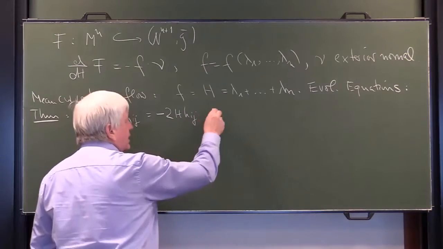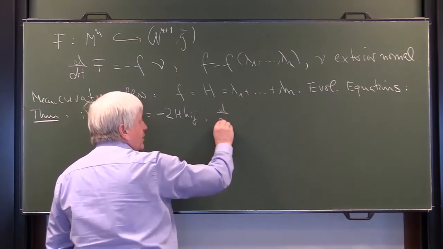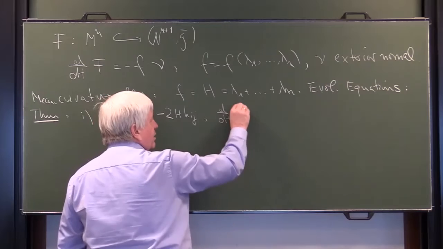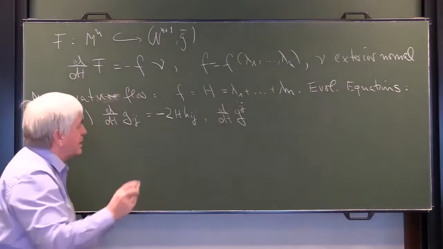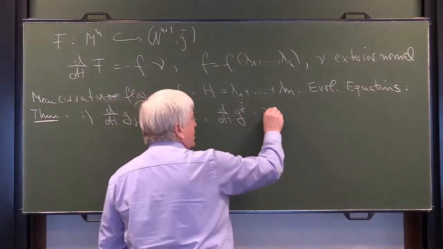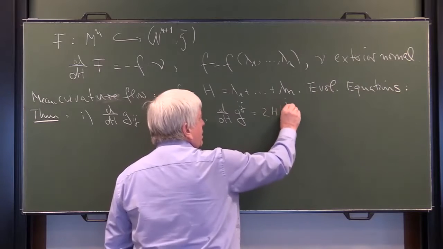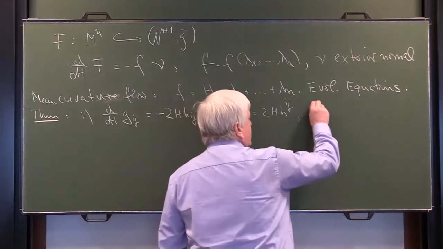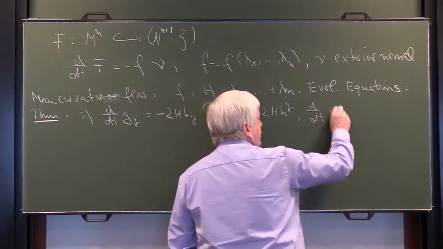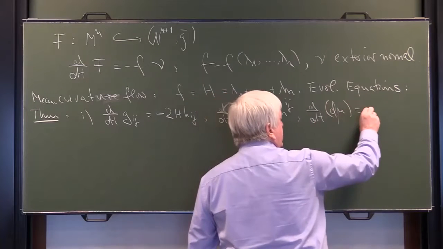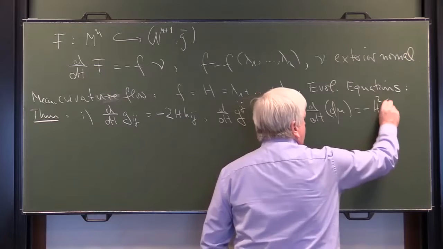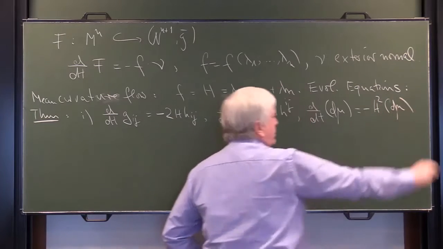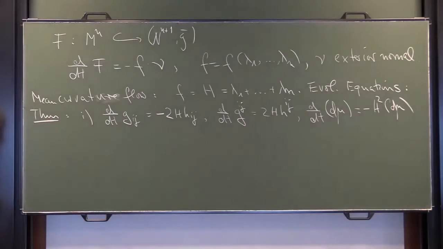This implies that d/dt of the inverse metric, upper indices, is equal to plus 2 times the second fundamental form times h, and then d/dt of the volume element on the surface is minus h squared d mu, so it's pointwise decreasing.